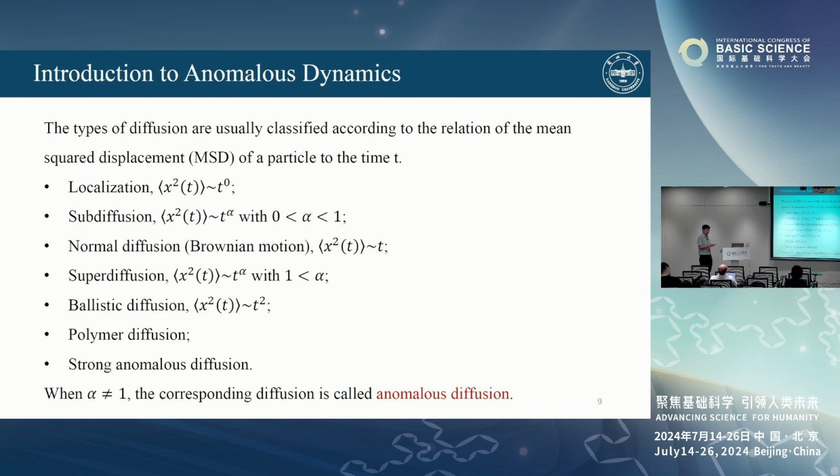For Brownian motion, generally the q-th moment scales as t to the q over 2. Generally, if the q-th moment of a stochastic process is a linear function of q, we call it general diffusion. But if it is not a linear function, we call it strong anomalous diffusion.